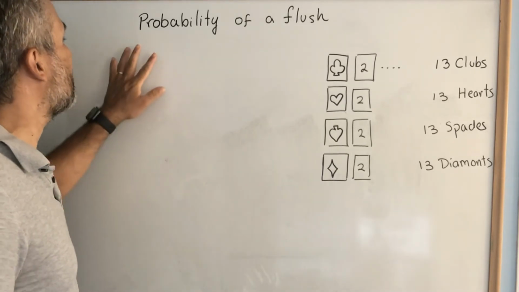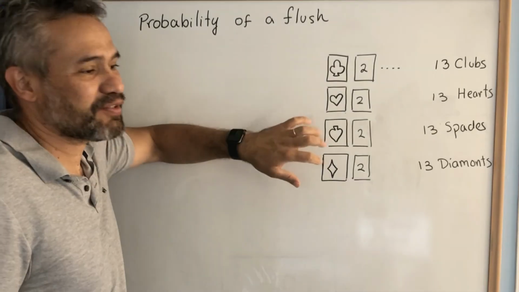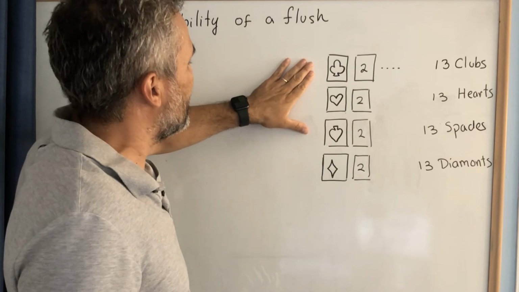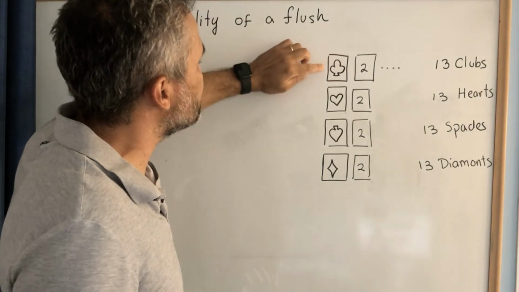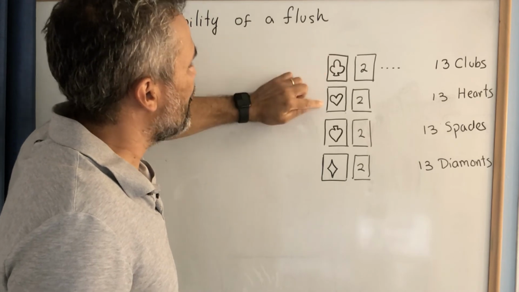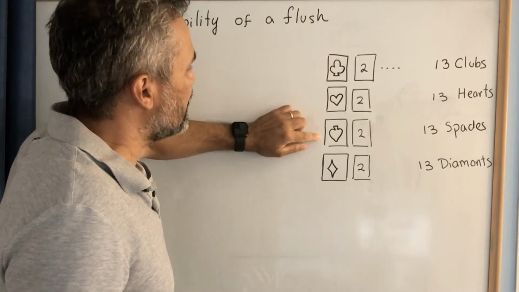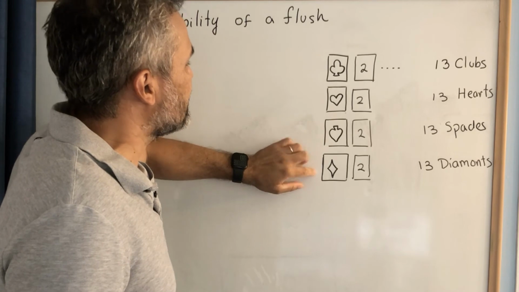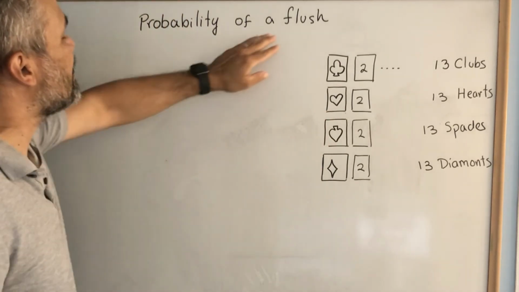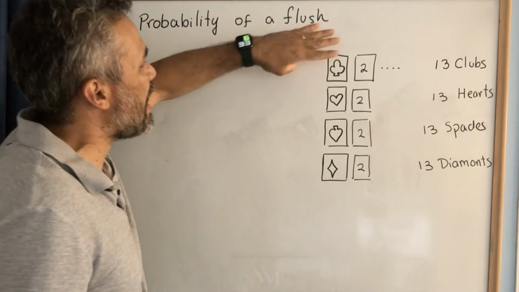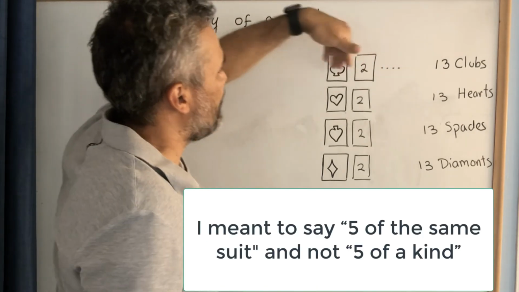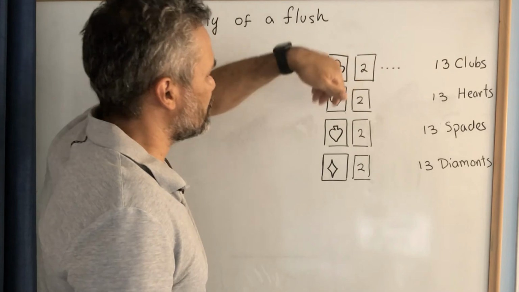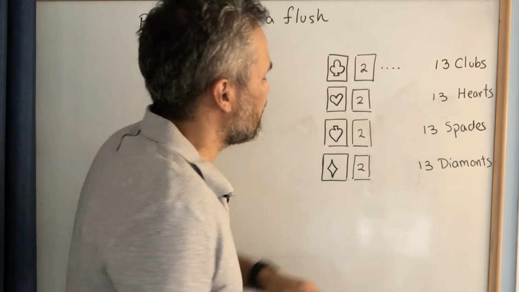Okay, let's explain the probability of a flush. First, let me show you the cards in a poker game. We have 4 kinds. We have 13 clubs, 13 hearts, 13 spades, and 13 diamonds. And we say that we have a flush if we have 5 of a kind, like 5 clubs, or 5 hearts, or 5 spades, or 5 diamonds.